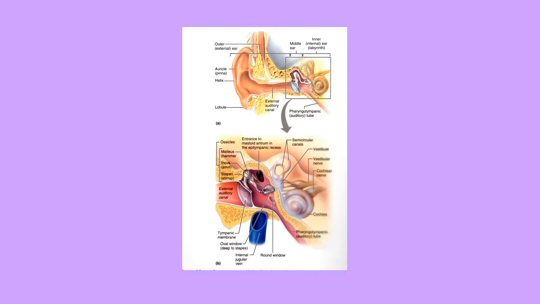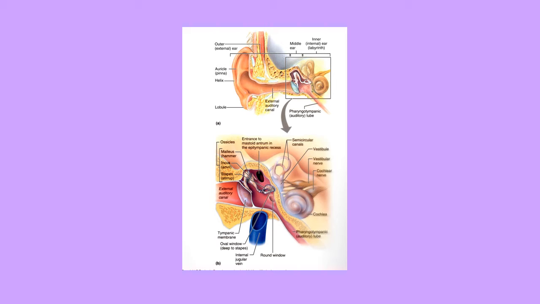In this diagram here, you can see on the upper portion the entire ear, and then in the lower portion, it's focusing on just the end of the external ear where the tympanic membrane is, and then it shows from there the middle ear, which contains your auditory ossicles, which are the bones in the middle ear, the malleus, the incus, and the stapes, and then how it connects to the inner ear, which does contain the semicircular canals as well as the cochlea, and they will be sending the nerve impulses by the cochlear nerve and the vestibular nerve.